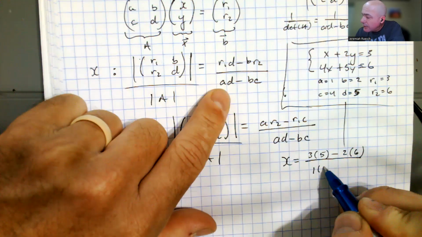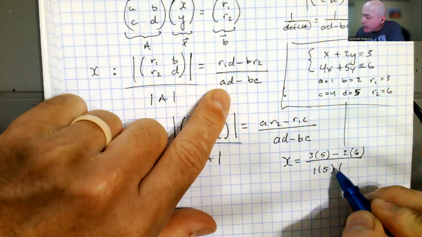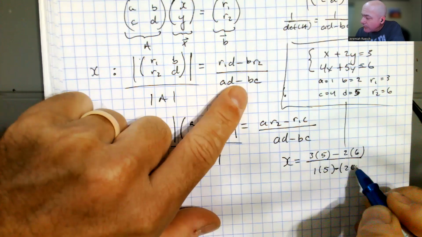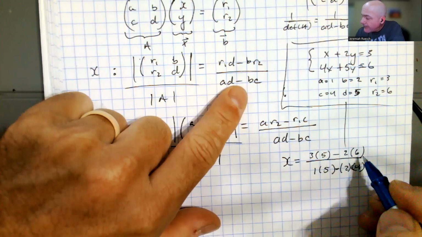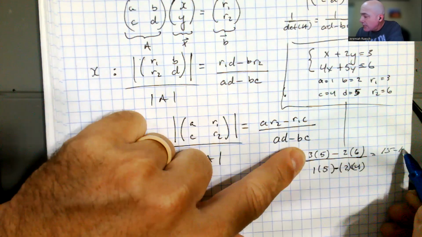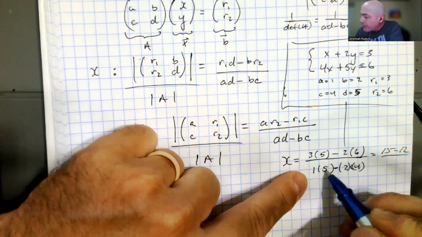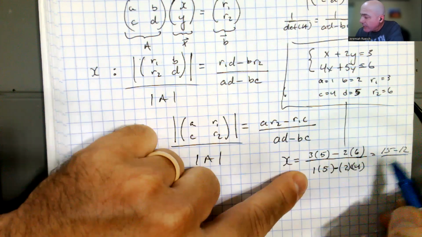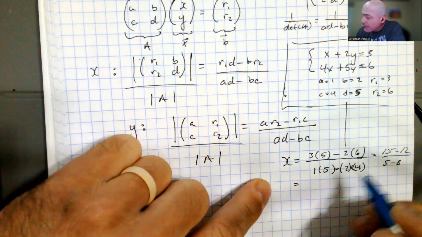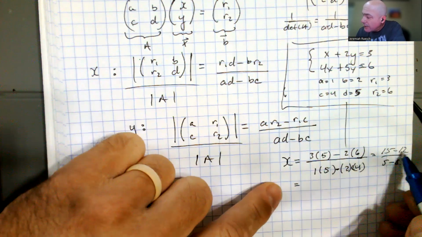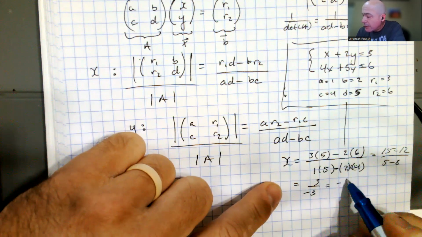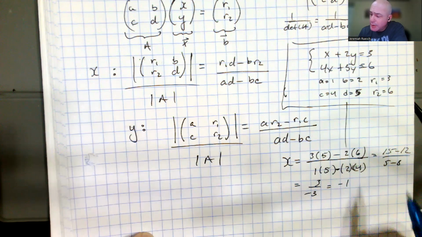A is 1, D is 5, minus B, 2, times C, 4. Okay, and so that's 15 minus 12 over 5 minus 8. So this is 3 over negative 3, which gives me negative 1. Okay, so X is equal to negative 1.